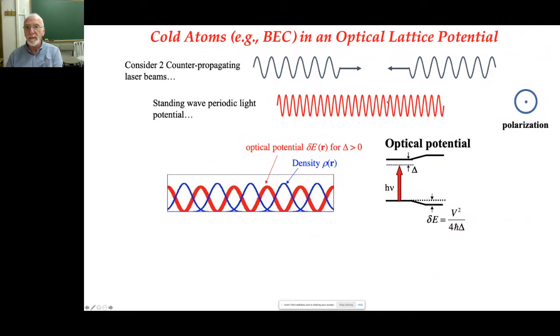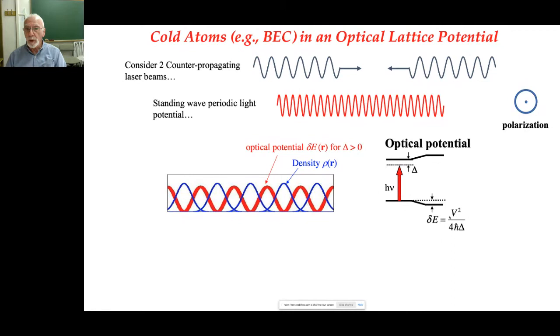And this particular configuration that I have over here has only one polarization. But if there's more than one polarization, then we can make a potential which is not only a scalar potential, but also has a vector component, which couples to the spin.